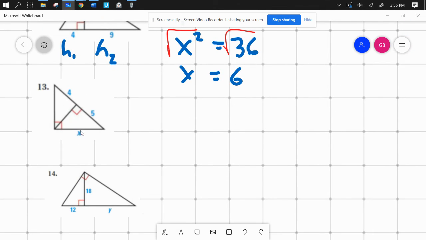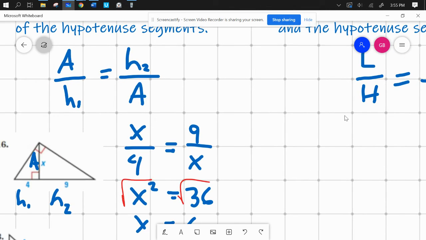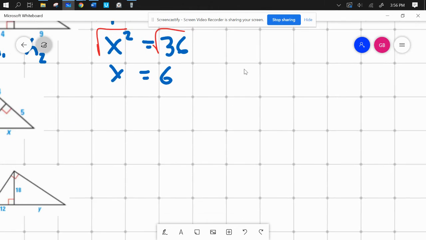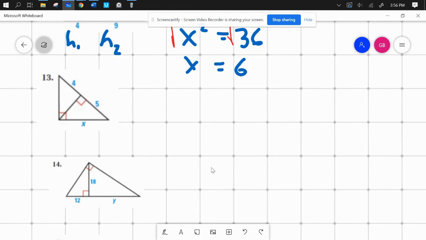Okay. Oh, here's a leg one. So the leg is the geometric mean of the hypotenuse and the hypotenuse segment closest to the leg. Okay, so L over big H is equal to little h over L. So here's the leg that we're trying to find.